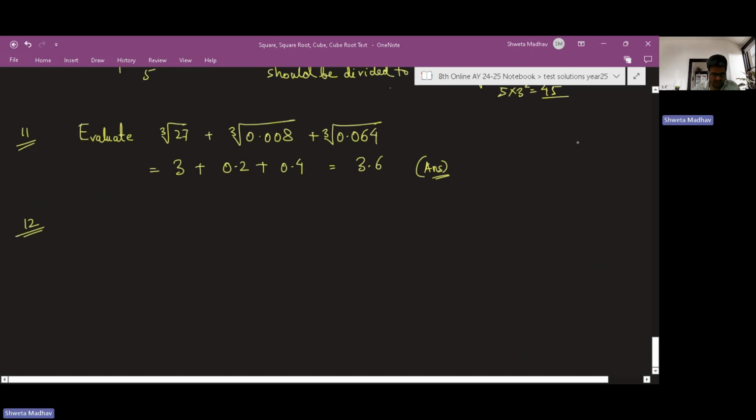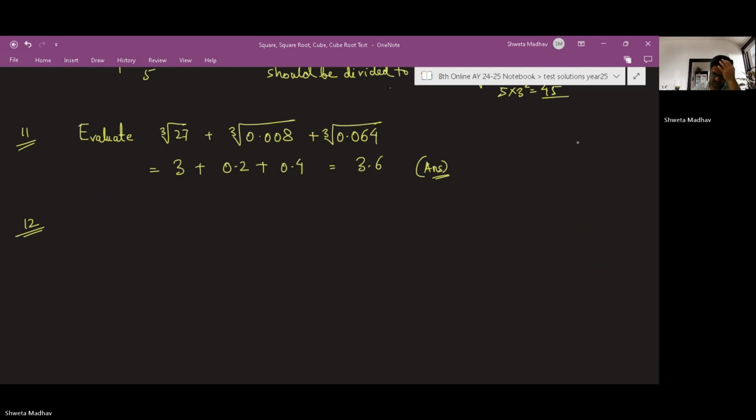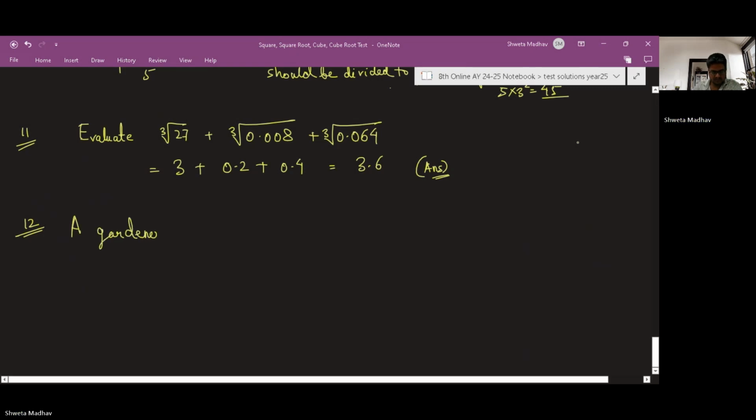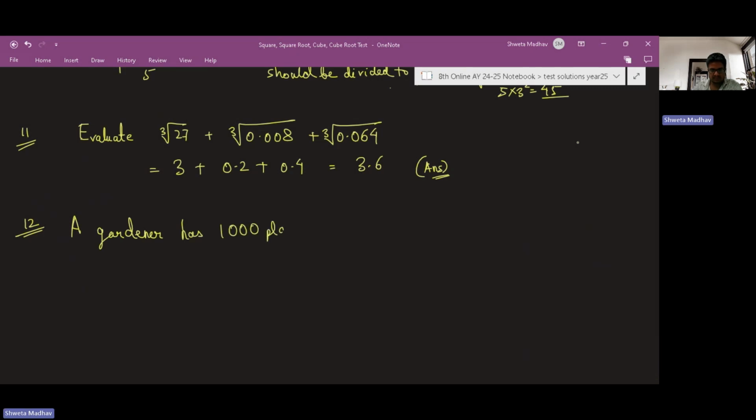Okay, in question number 12 it is told that the gardener has 1000 plants.